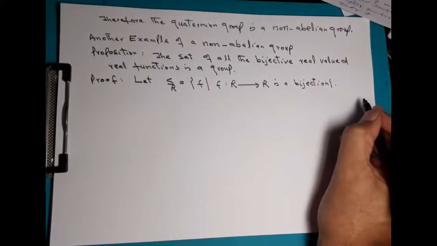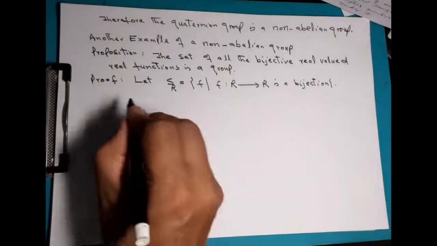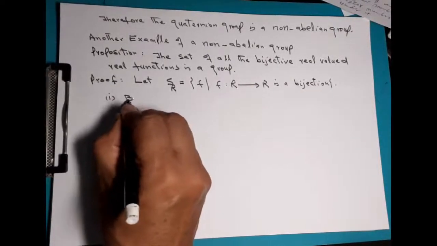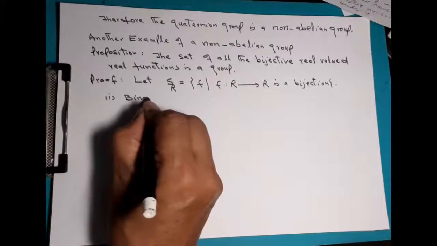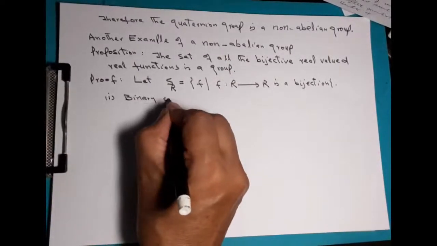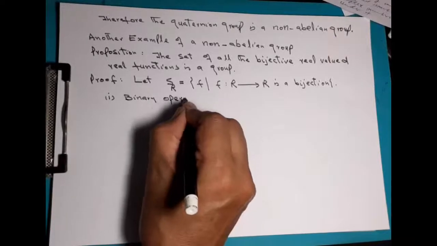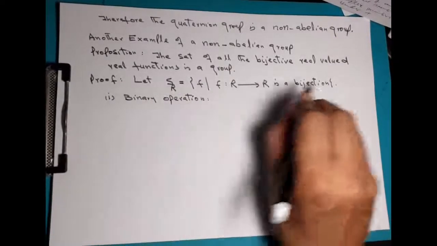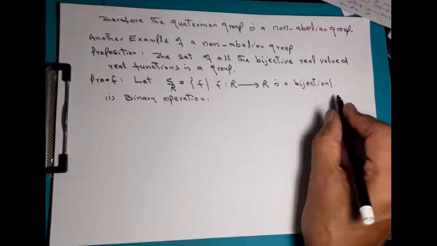So first of all, we have to define the binary operation. We are going to take composition as the binary operation.